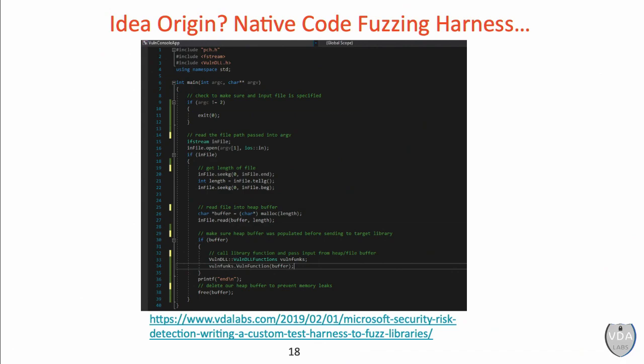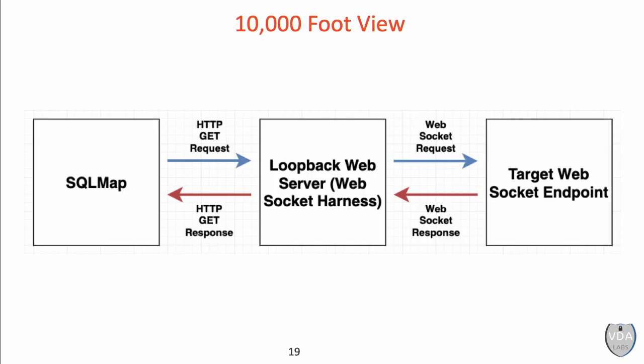That path of our fuzz payload comes in from the command line and then gets fed to the vulnerable function in the DLL. That's kind of the idea here. Can we put something in the middle that will help us? I also have a blog post on writing a fuzzing harness, which is what we're calling this. It's a common concept, but that's available if that's of interest to you.